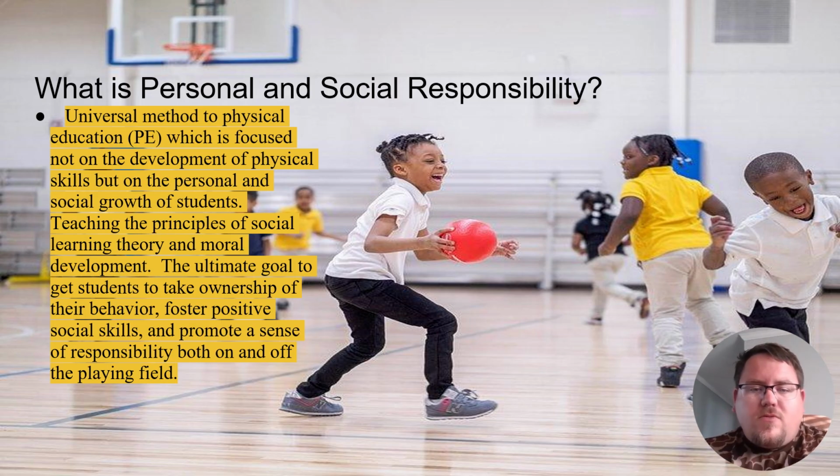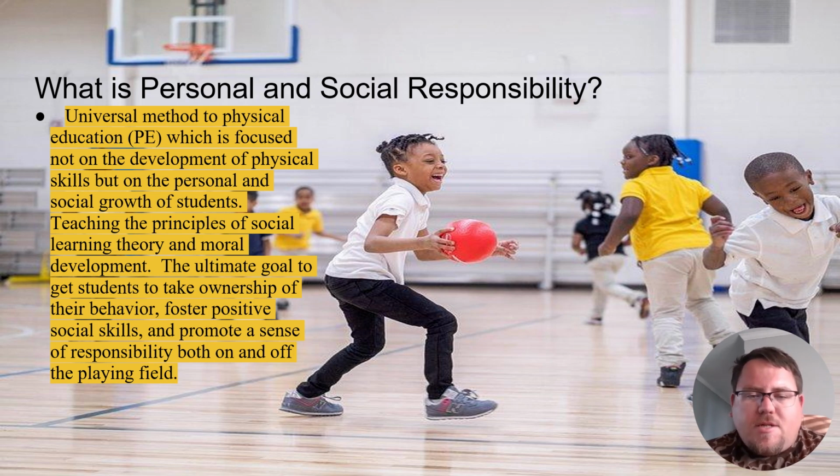The ultimate goal is to have the student develop positive skills on social and their behavior, and pretty much this is the starting point of who they will become and who they are.